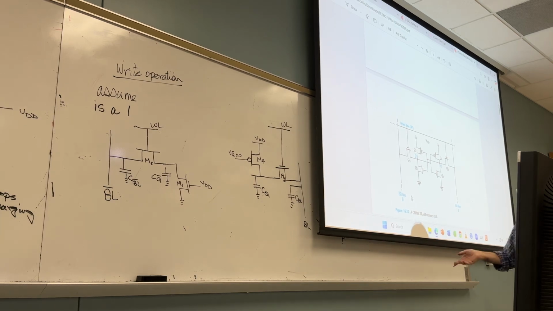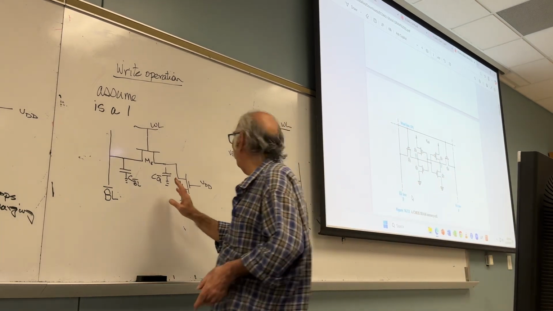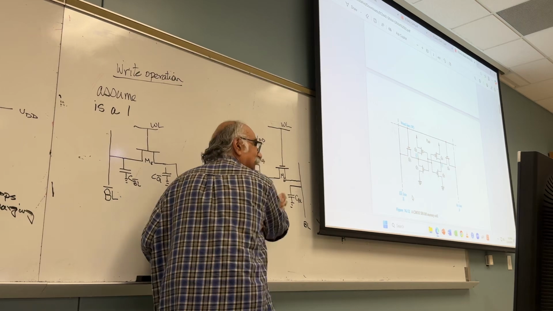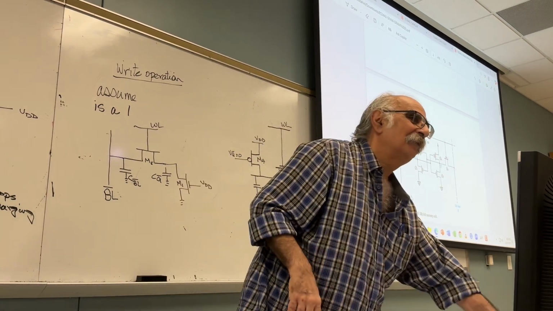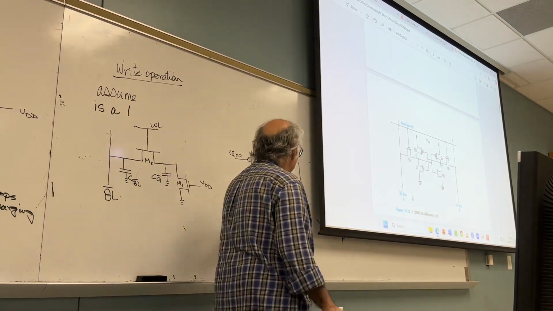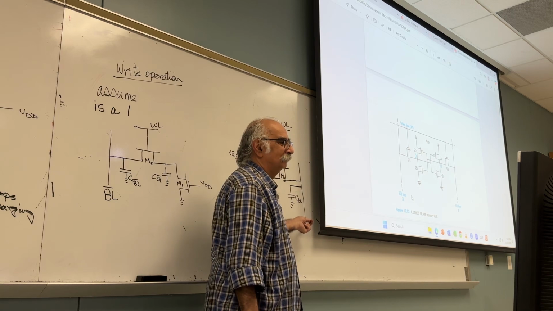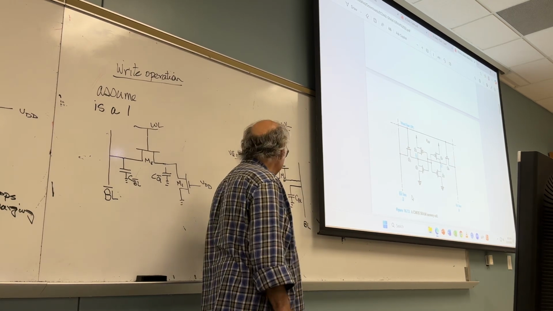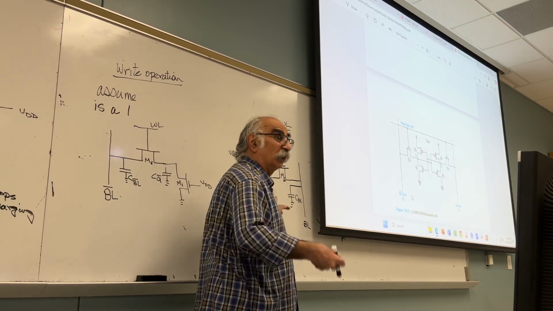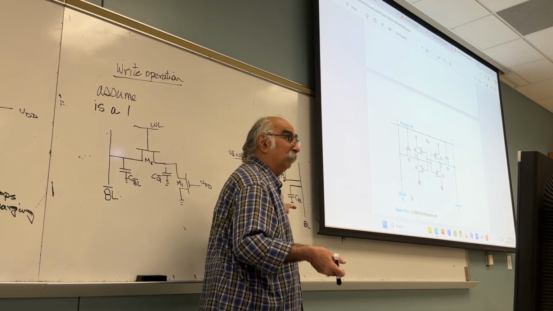Let's see if you can help me. So I want you to look at this side. Clear? One more time. What is the BL? 0. What is the CQ initially? 1. Why?